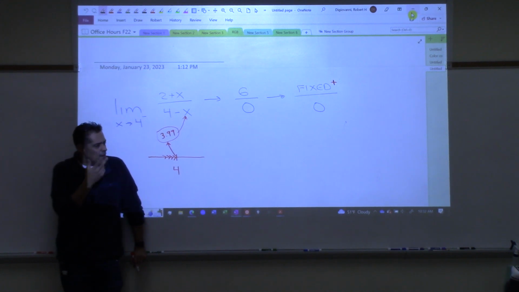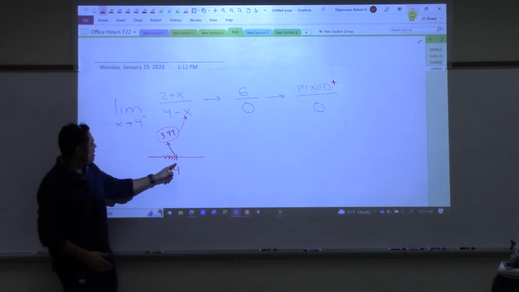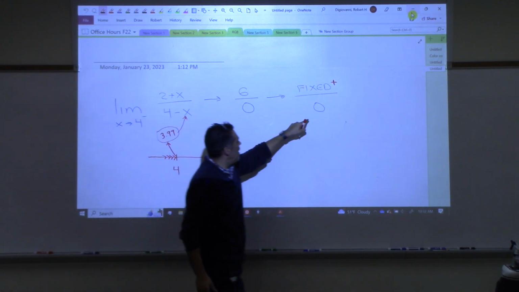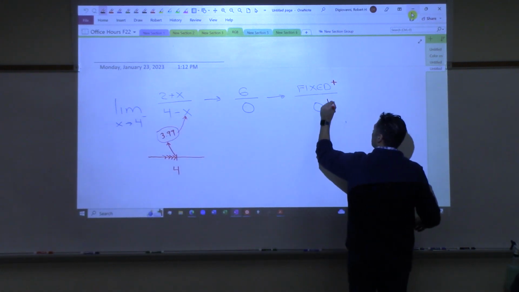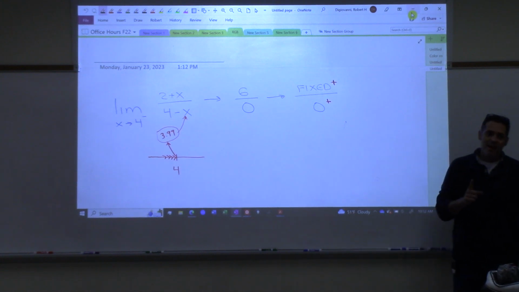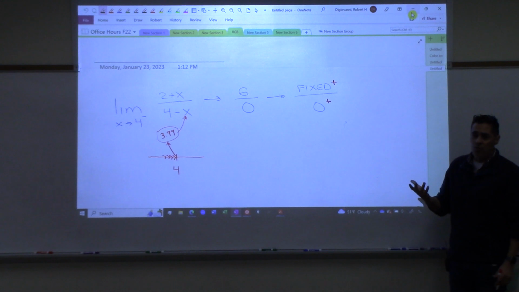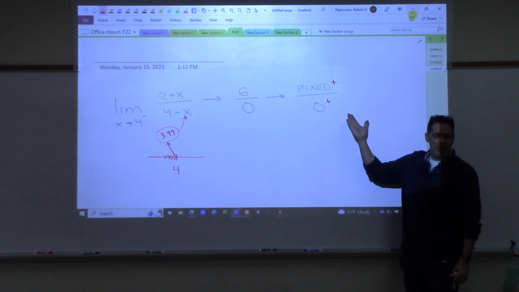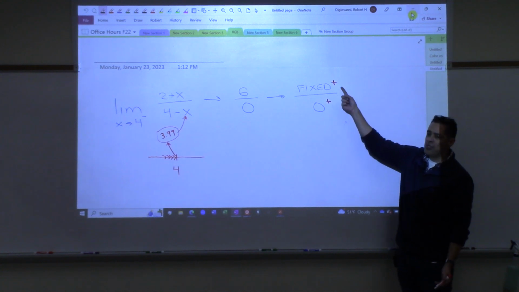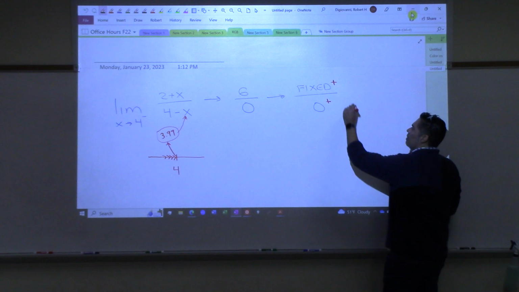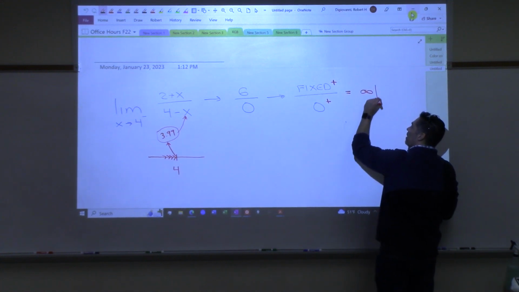So when I come into 4 from the left-hand side and do this arithmetic, I know my bottom is going to be a small positive number. I already know it's an asymptote, so it's going to infinity or negative infinity. I just need to know which one. And what can you tell me? It's got to be positive infinity, because the ratio of two positive numbers must be positive, right? So my answer is positive infinity.